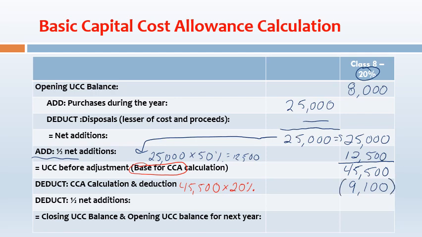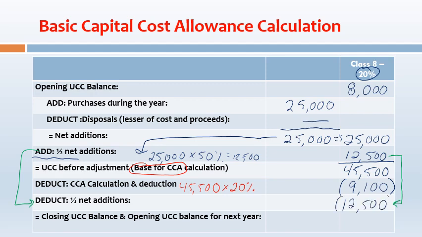Now here's the fun part. Remember back when I added in this 1/2 of the net additions for the year? That's got to come out now. That was only there temporarily, right? It was never going to be a permanent addition to my pool. So I will now deduct that 12,500.